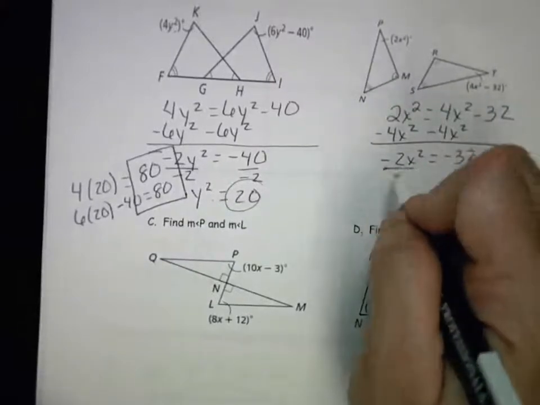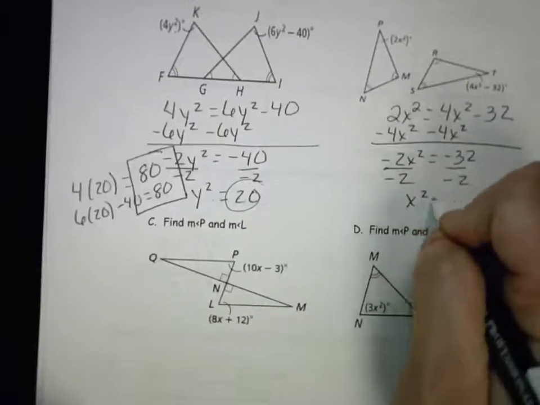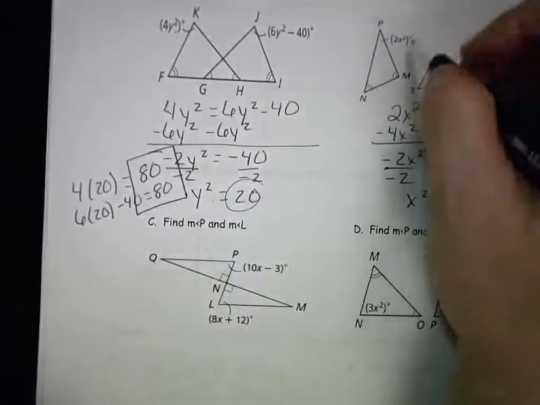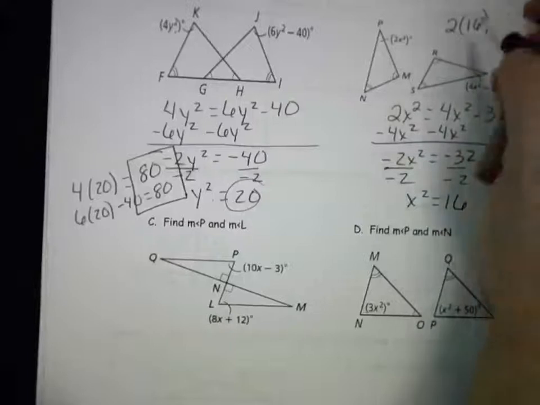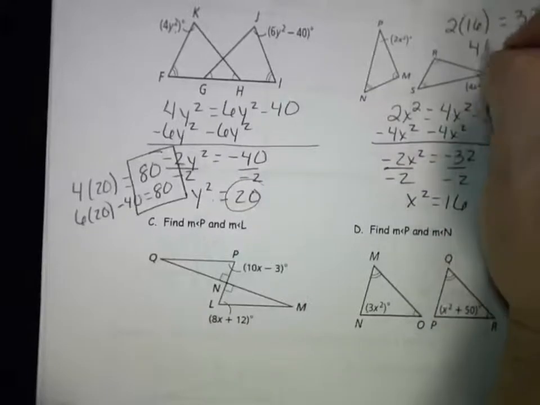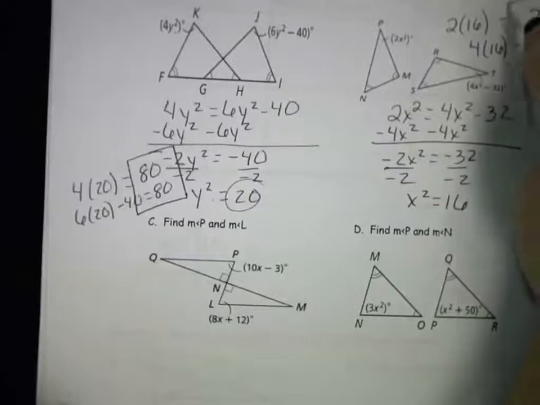And when you divide both sides by negative 2, x squared equals 16. You can square root it, you don't have to. 2 times x squared, 16, is 32. 4 times 16 is 64. Minus 32 is also 32.